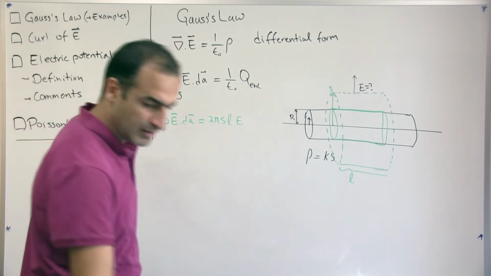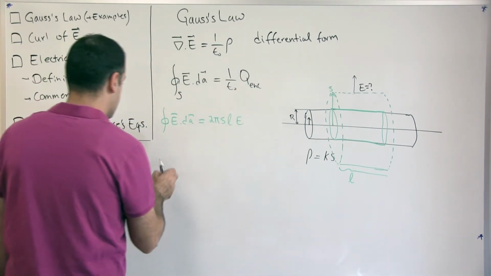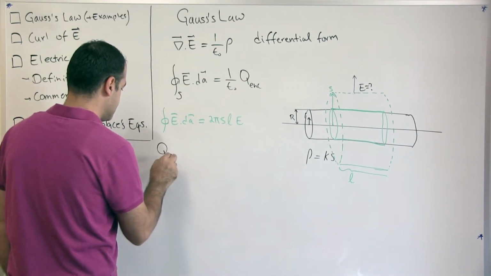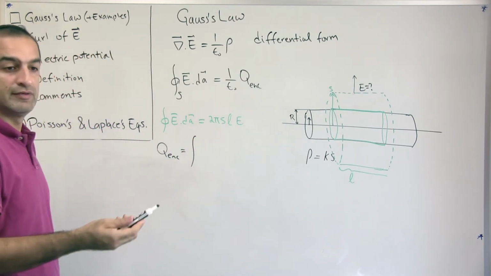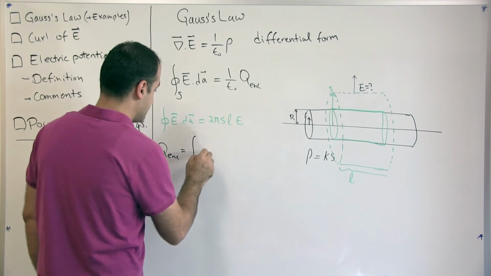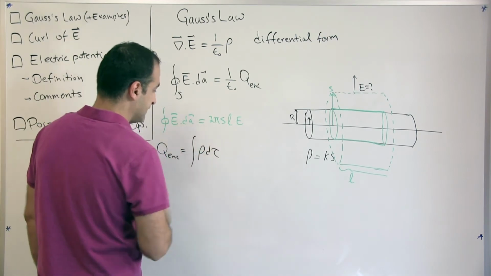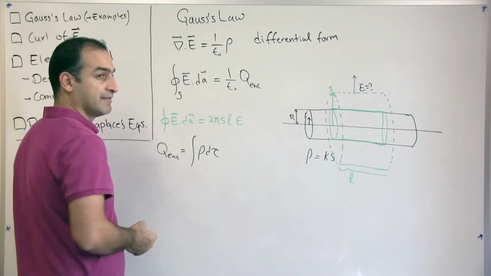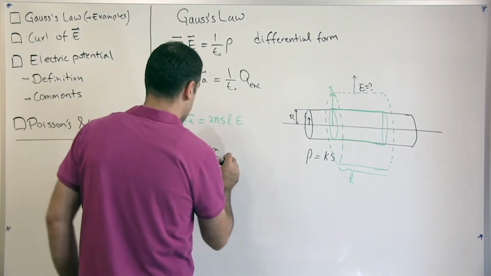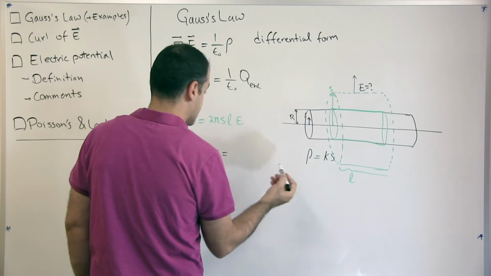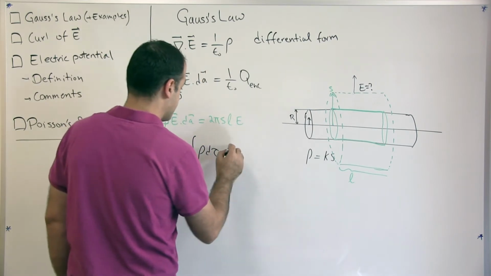Okay, so Q enclosed, technically it's an integral over the volume. So charge density times d tau. This is the infinitesimal volume, and rho is the charge density. This is basically a triple integral because it's three-dimensional.